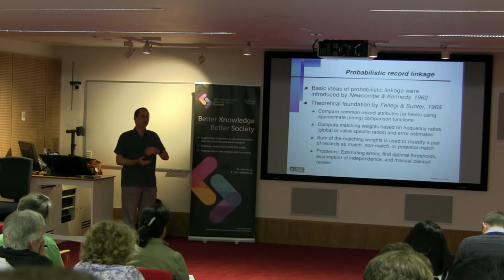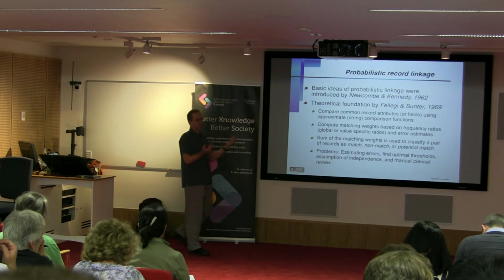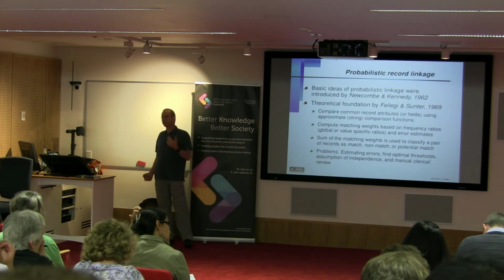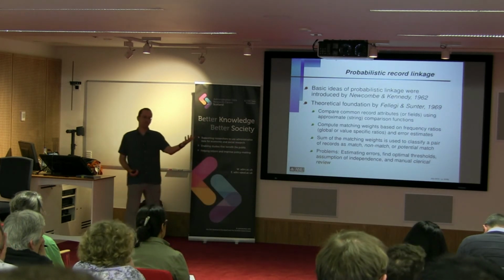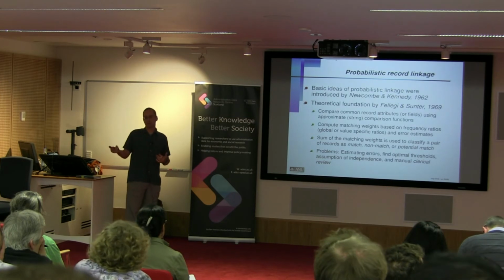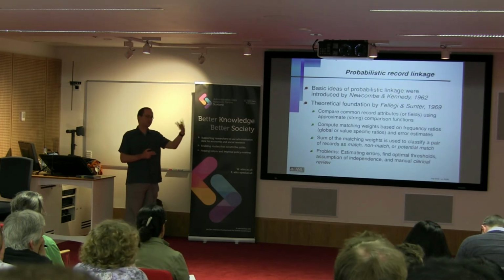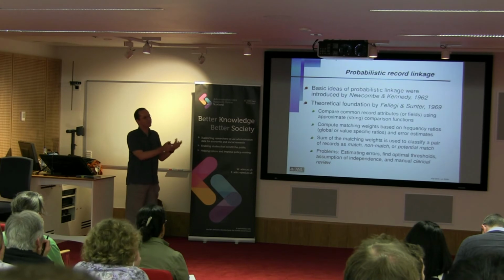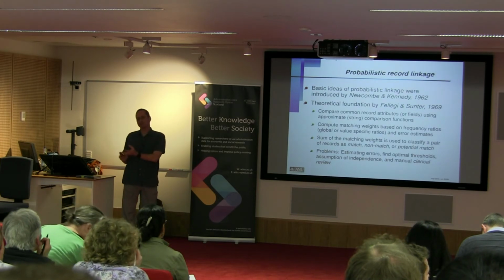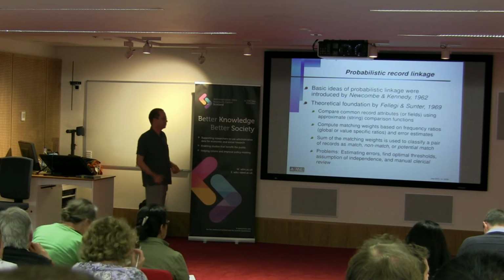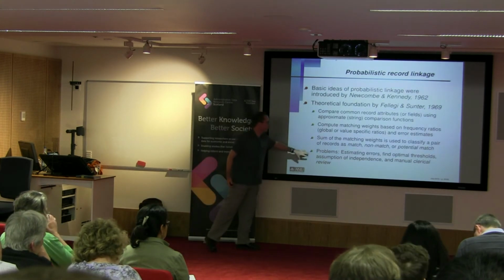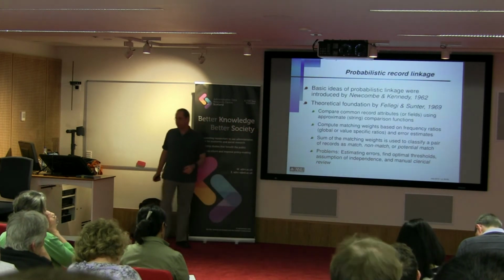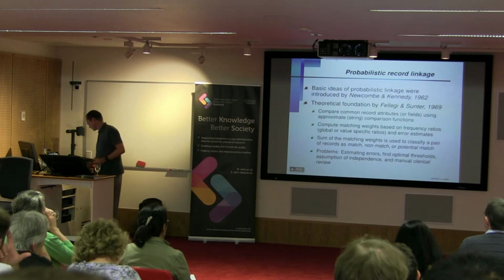Or more generally, first name and last name are completely independent of each other, which of course is not true. If you have an Asian first name, it's more likely you have an Asian last name. Certain street numbers and certain street names are more likely in certain geographical regions and things like that. But despite these problems, that approach is still widely used.